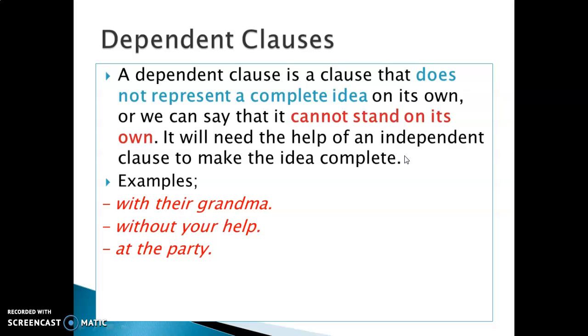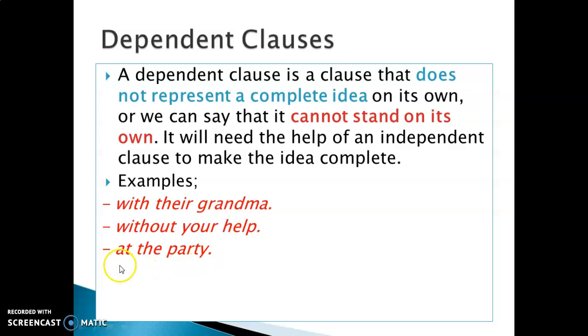You will have questions in your head wondering what the person is talking about. For example, we have here, with their grandma. Okay, so what with the grandma? What happened? You see, you don't know what happened. Without your help.